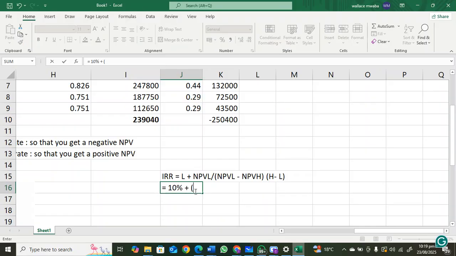The net present value with the lower discount rate is 239,040, divided by 239,040 minus the net present value with the higher discount rate, which is negative 250,400, multiplied by the higher discount rate 50% minus the lower discount rate 10%.